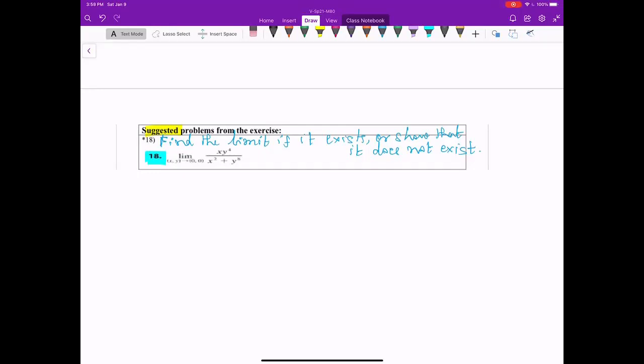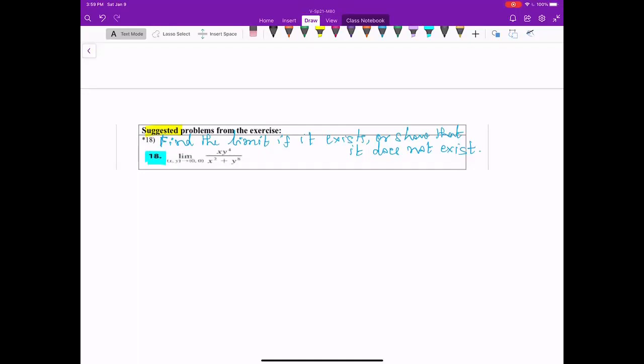But if you want to show that the limit does not exist, which is easier, all you need to do is choose two paths suitably and show that the limit along these two paths has two different values, and therefore the limit does not exist, which is what we are going to do in this problem.